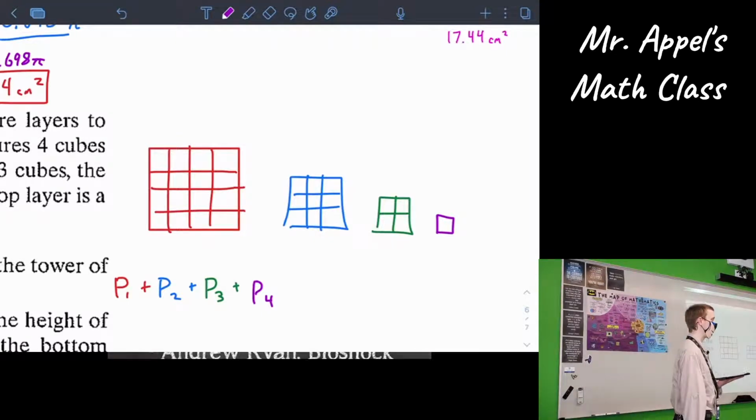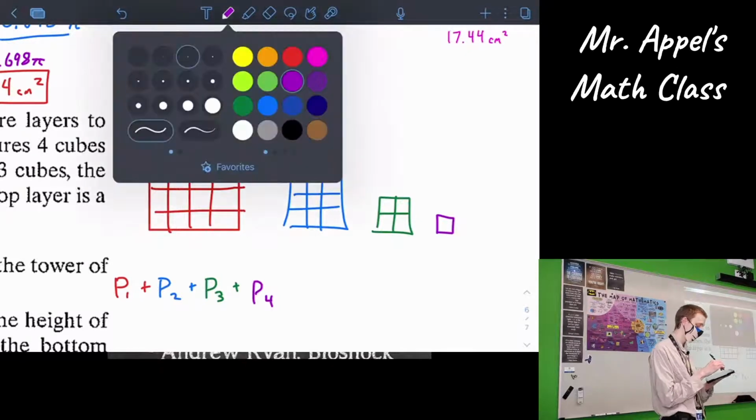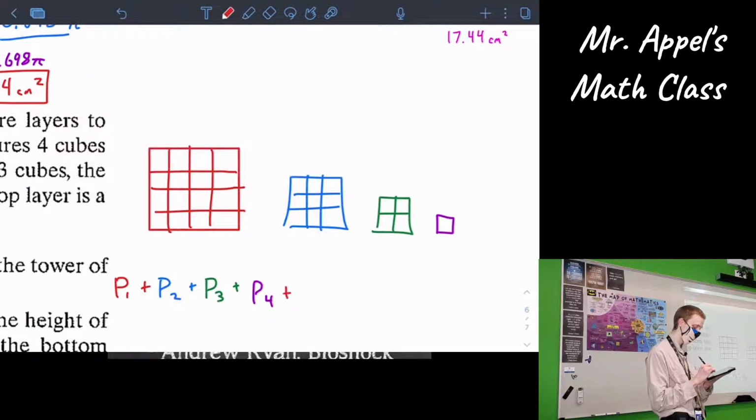Yeah? And then the complete bottom of the bottom layer of the tower, that's exposed. So we'll have one instance of this square area, right? The bottom side of those cubes.